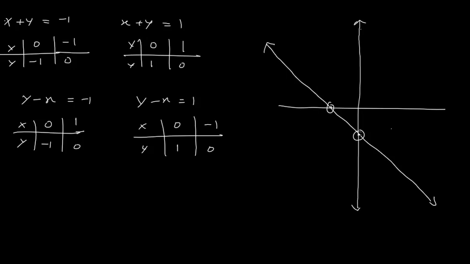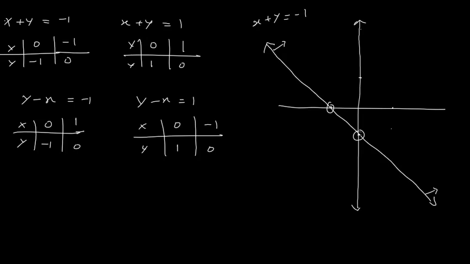Now the inequality is y + x greater than -1. If I take (0, 0), it is satisfied, so I will take this side. The second equation is x + y = +1, which I get from x = 0, y = 1, giving one point here, and x = 1, y = 0, one point here.